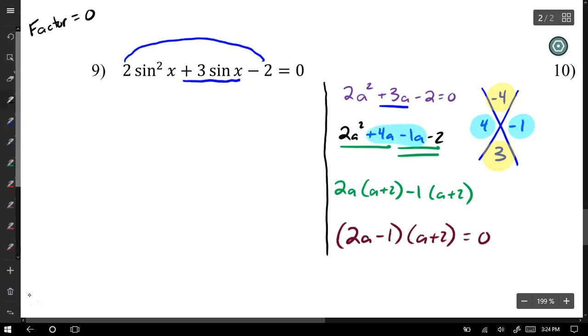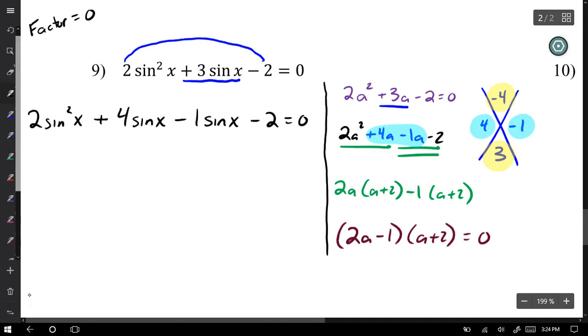So how do I use that for sine? Well, I have 2 sine squared of x, and I'm going to split into 4 sine of x minus 1 sine of x minus the 2 equals 0. So notice the splitting that we did. It's the exact same. Instead of 4a minus 1a, I have 4 sine of x minus 1 sine of x.